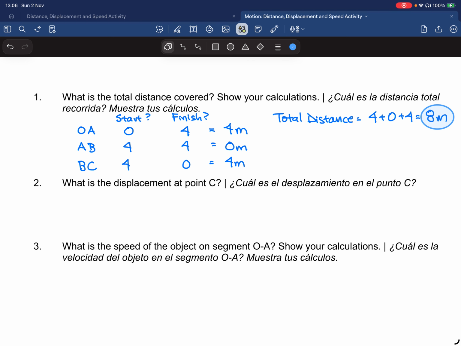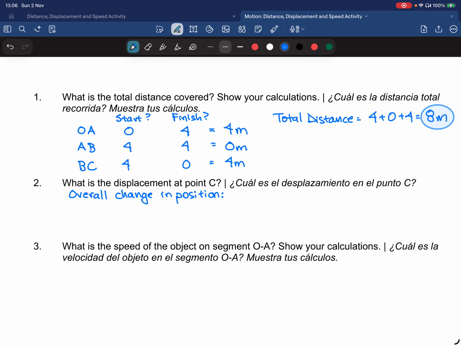All right. Number 2, what is the displacement at point C? Well, remember, displacement is your overall change in position. So I'm simply going to ask myself again, where do I start?